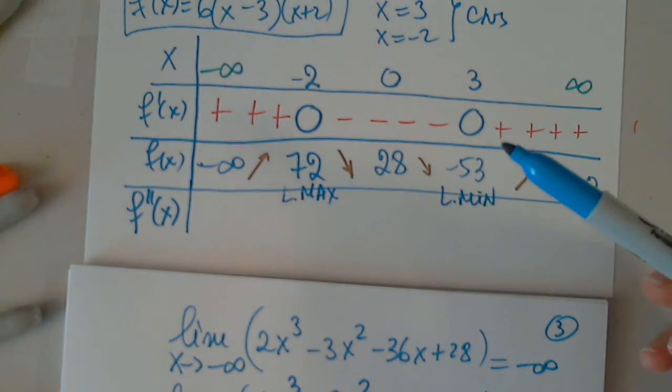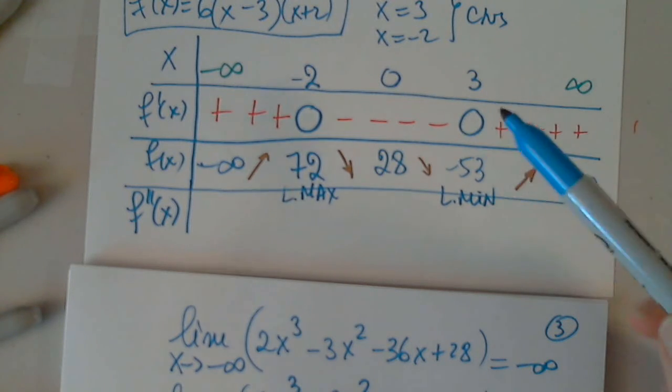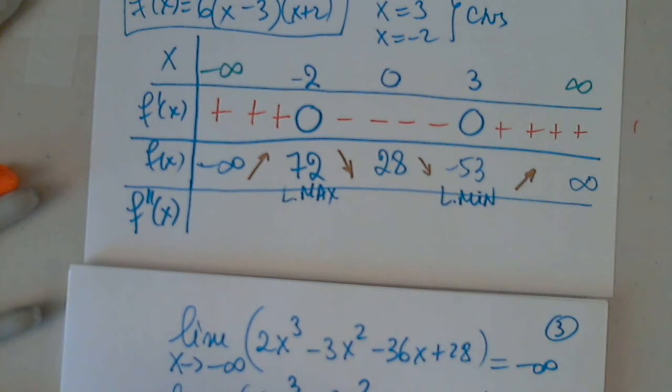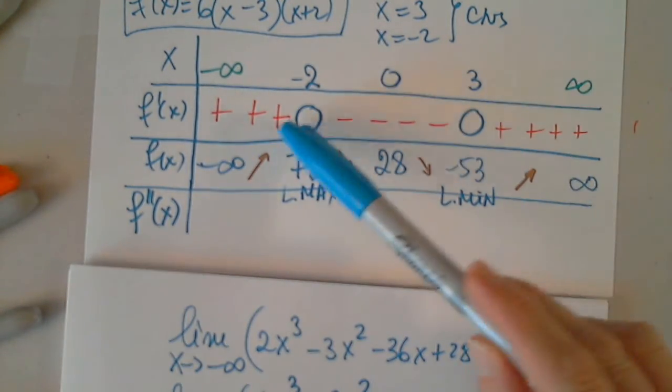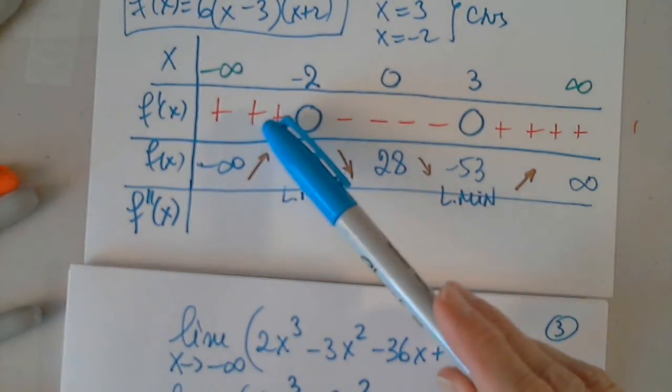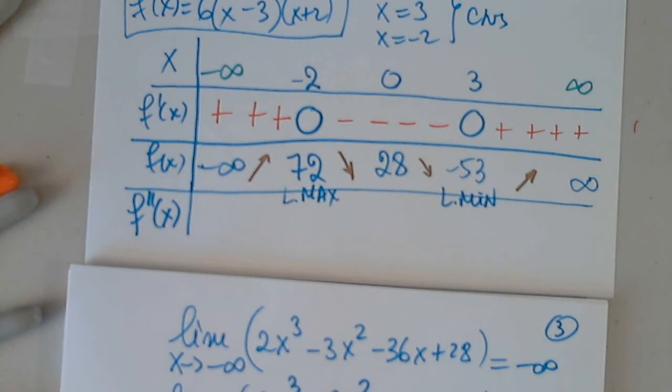Simply because the derivative is 0 or undefined, and it changes sign from negative to positive. Same thing for the local max: the first derivative is 0 or undefined, not undefined in this case, but it could have been undefined. And then the sign changes from positive to negative.